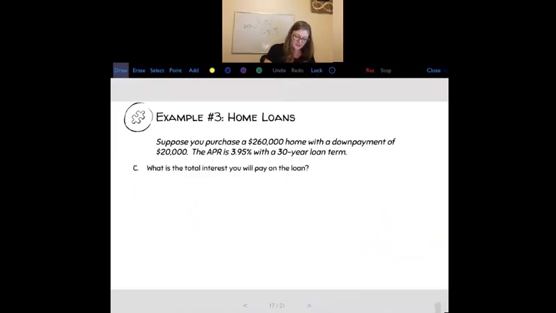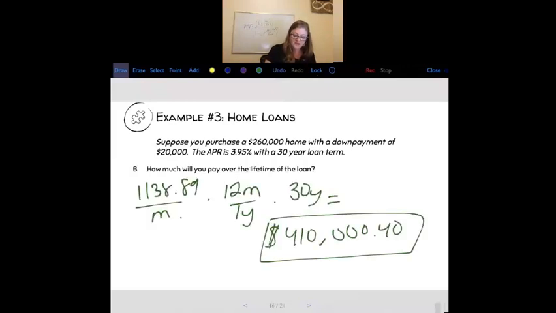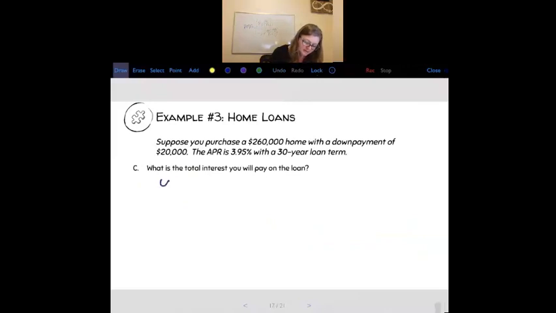What is the total interest you will pay on the loan? Again, you're paying a total of $410,040. You're paying off the original balance, what you financed for the home, and interest. So out of this $410,040, part of it is interest and part of it is principal.